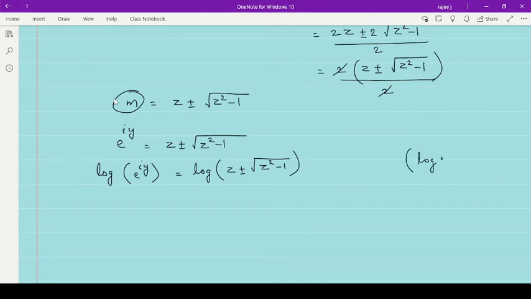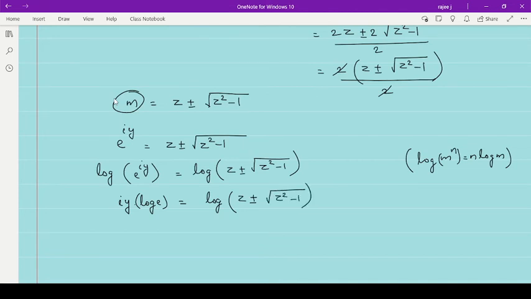Okay, now this is which form? Log m raised to n. Log m raised to n is n log m formula. Okay, so log m raised to n is n log m, therefore this will be i y into log e is equal to here log of z plus or minus under root of z square minus 1.